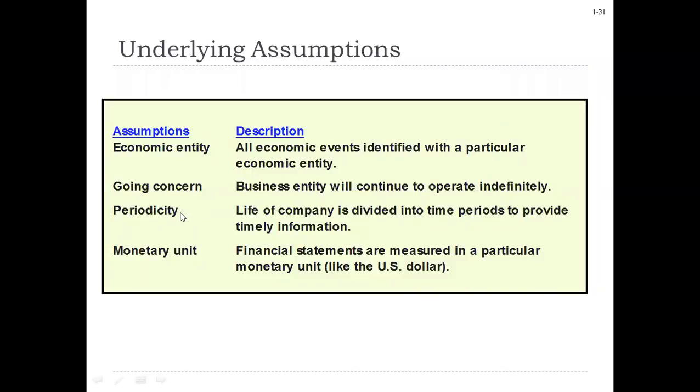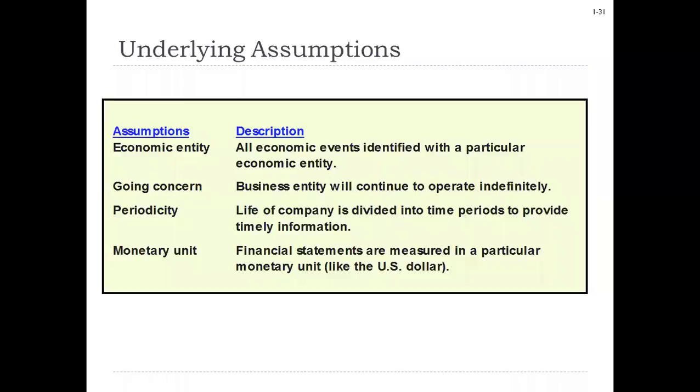The periodicity assumption says the life of the company is divided into time periods so that we can keep track of the financial information for the entity for each specific time period.